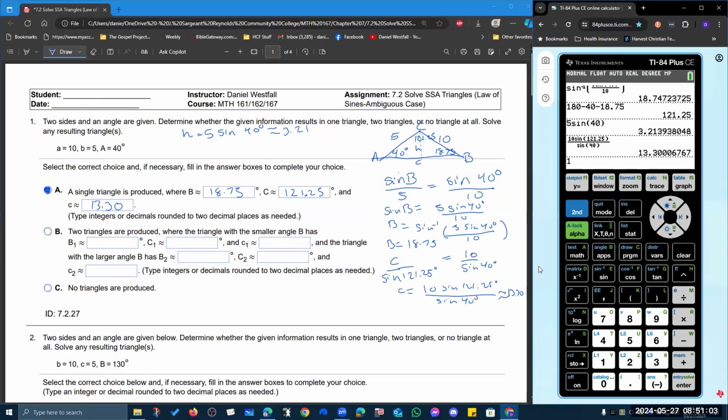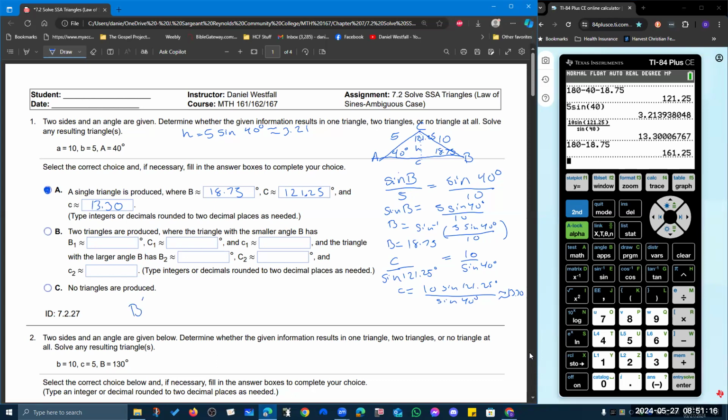So 180 degrees minus the 18.75 degrees, and I'm going to call that B prime, is going to be 161.25. And we still have A was 40 degrees.